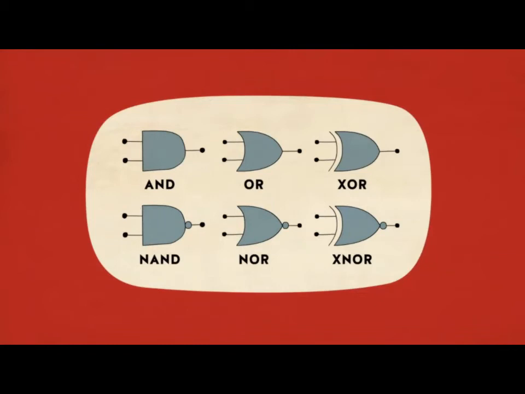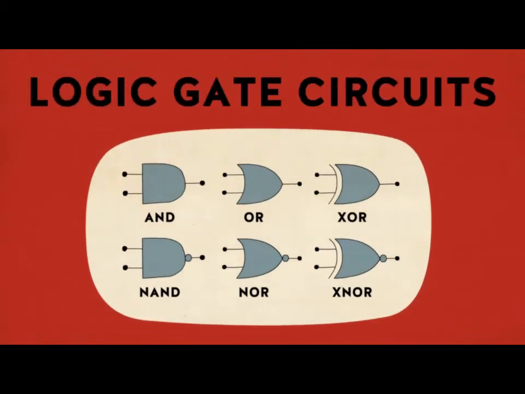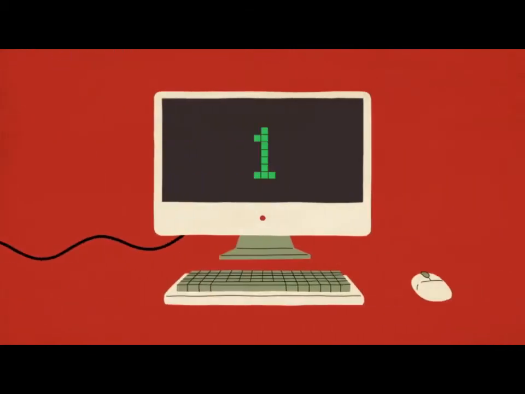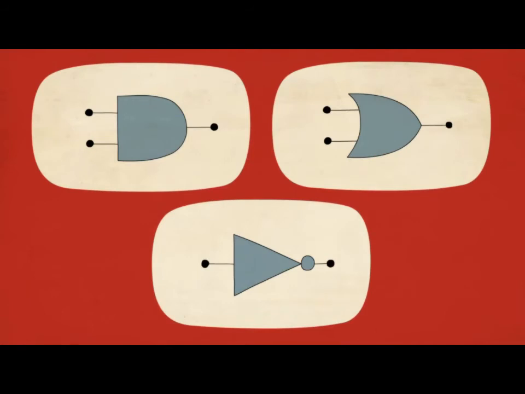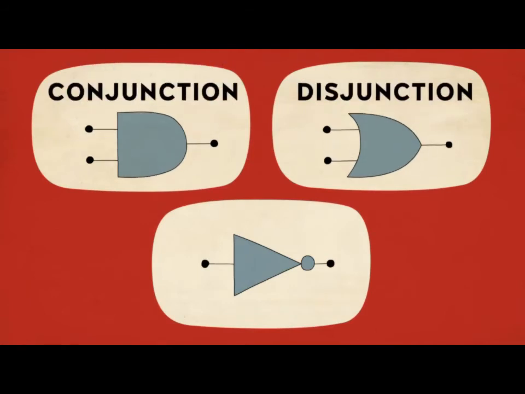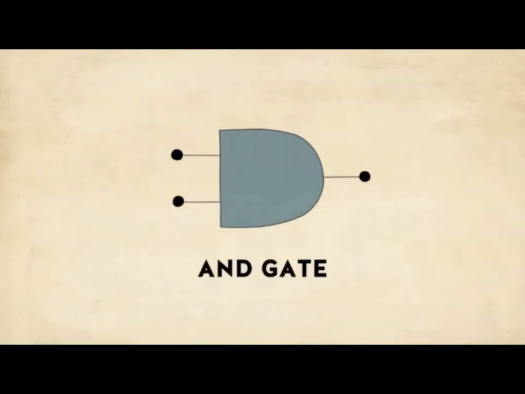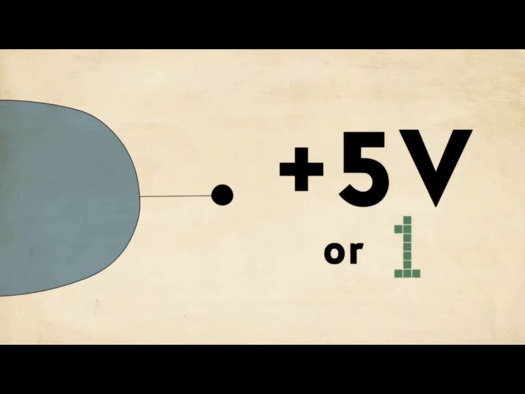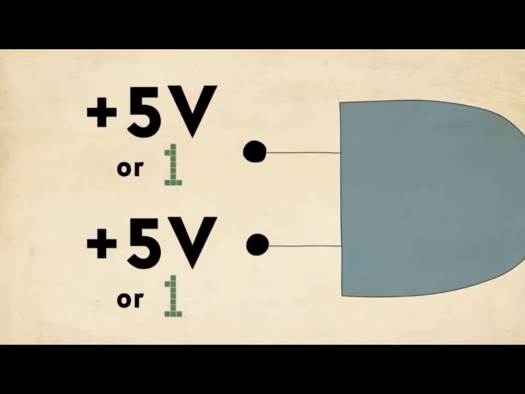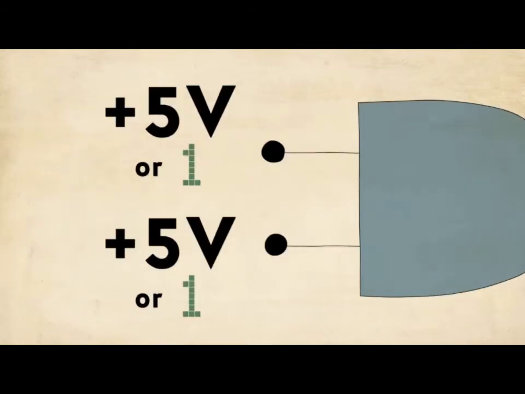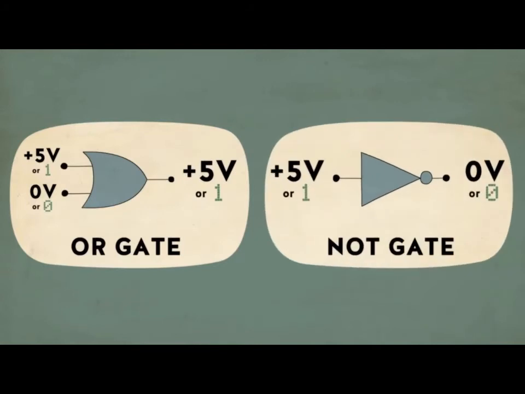Equations are implemented via logic gate circuits that produce an output of 1 or 0 based on whether the inputs satisfy a certain logical statement. These circuits perform three fundamental logical operations: conjunction, disjunction, and negation. The way conjunction works is an AND gate provides a high voltage output only if it receives two high voltage inputs, and the other gates work by similar principles.